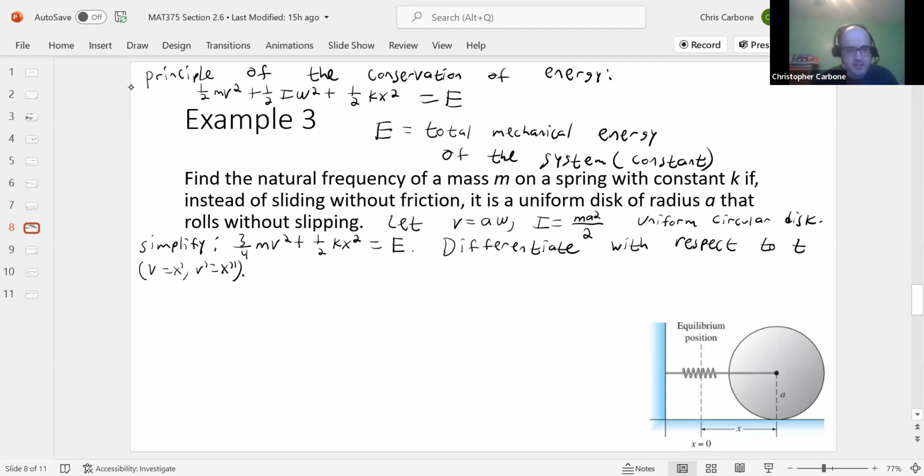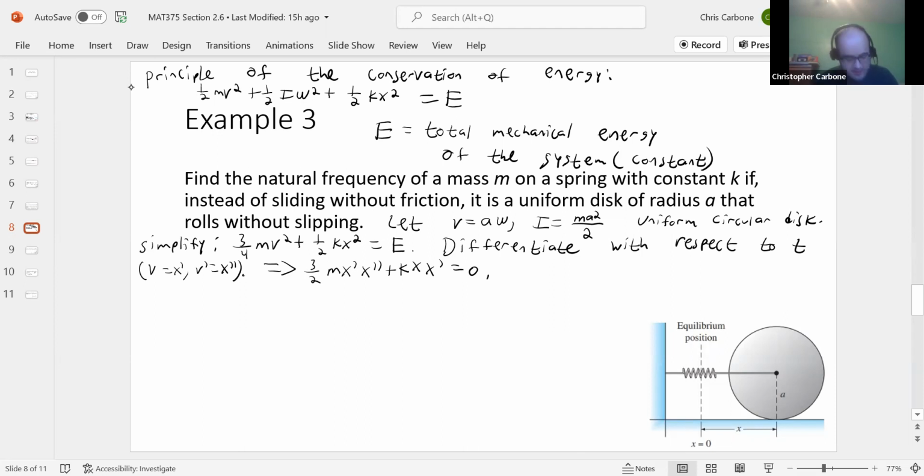So this would yield 3/2 times M X prime times X double prime plus K X times X prime is equal to 0.